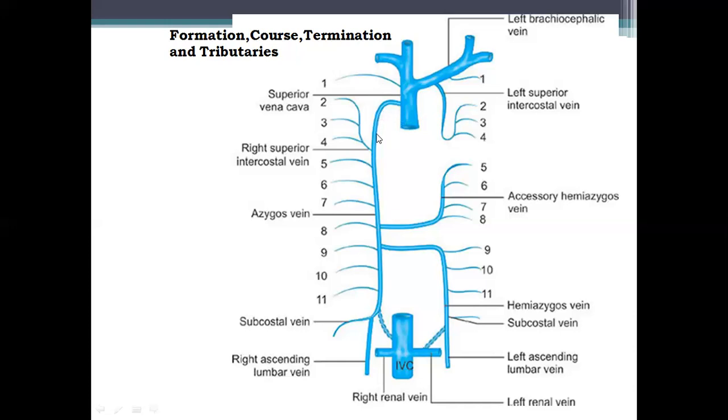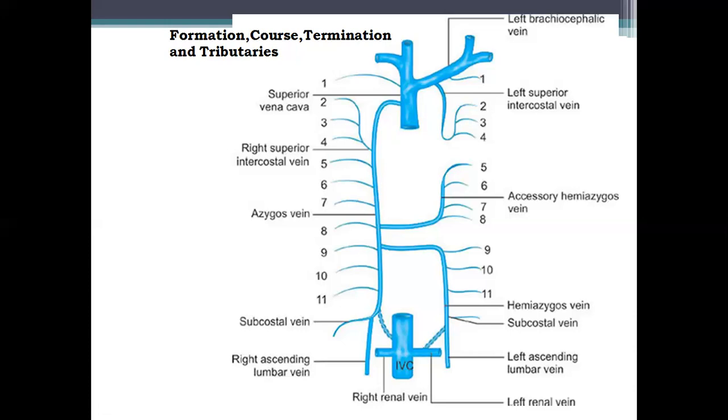You might have seen the arch of the Azygos vein here. This arch causes the impression of the arch of the Azygos vein over the right lung. So it arches and terminates into the superior vena cava. This is at the level of T4 vertebra. And what's the level of costal cartilage? It's at the level of the second costal cartilage. Okay.